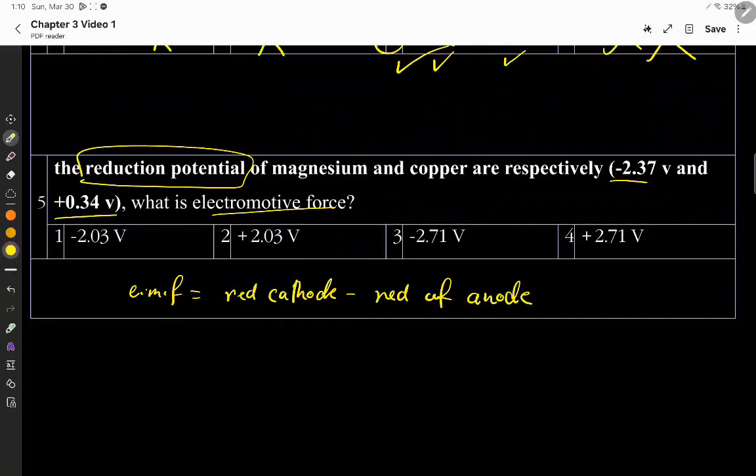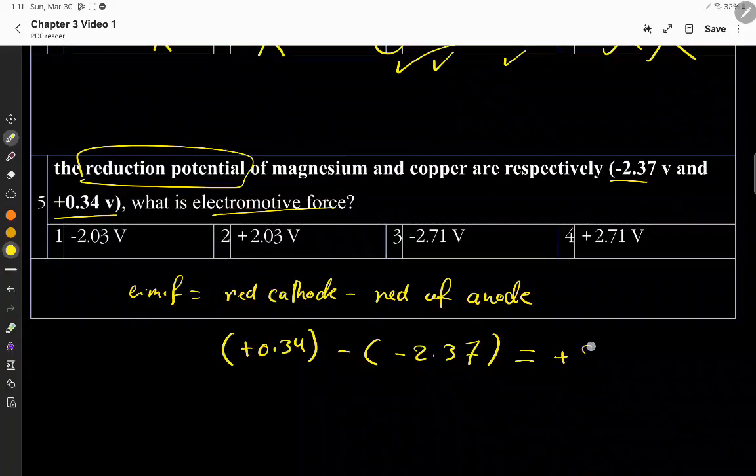We agreed that copper is the cathode, so we're going to say positive 0.34 minus negative 2.37. You are going to calculate it, and the answer is going to be positive 2.71 volts, which is choice number 4.